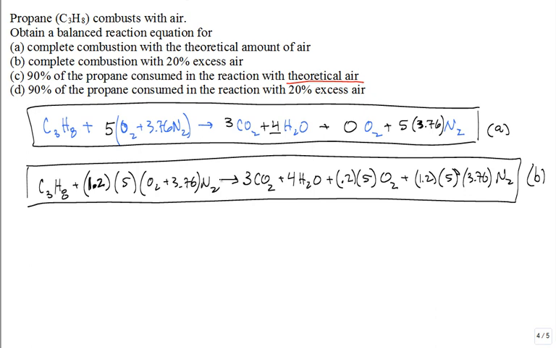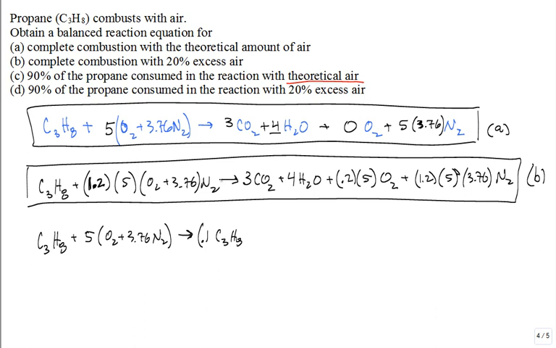So let's start. We have C3H8 plus 5 O2s plus 3.76 N2s goes to. Now, I'm going to say that 0.1 times C3H8 goes out with the products.